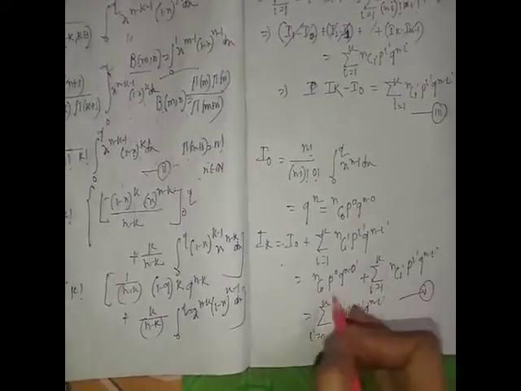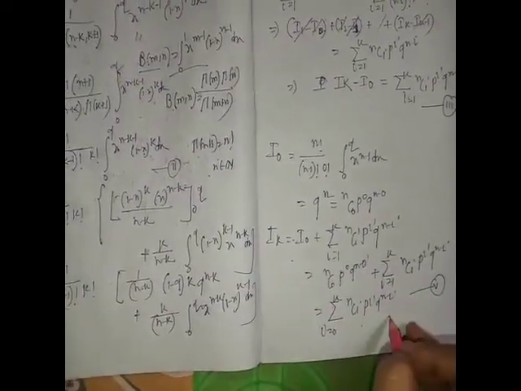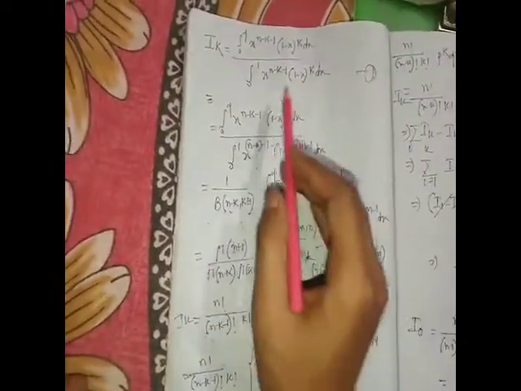From 5 we get I k is this, and from 1 we see that I k is this.